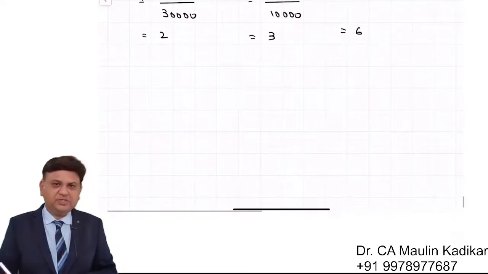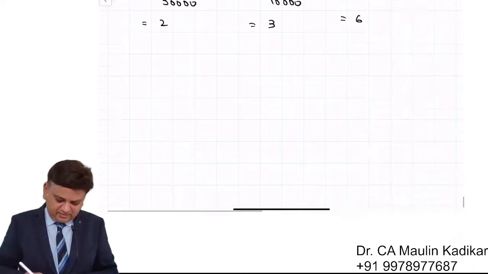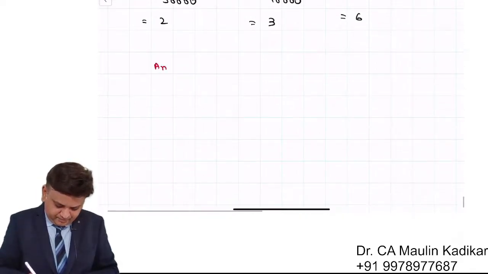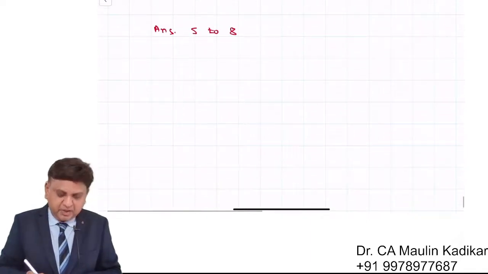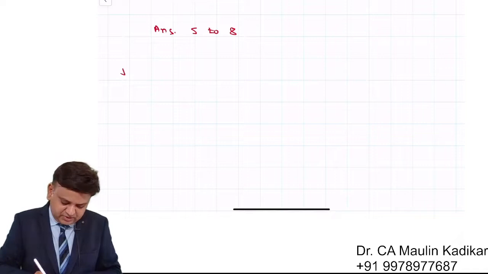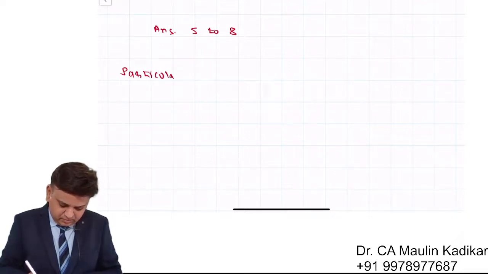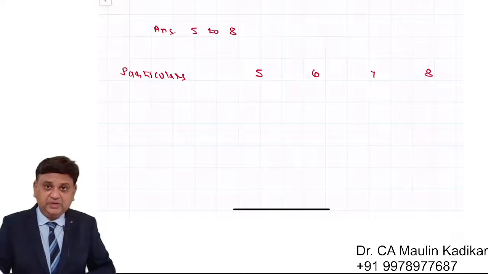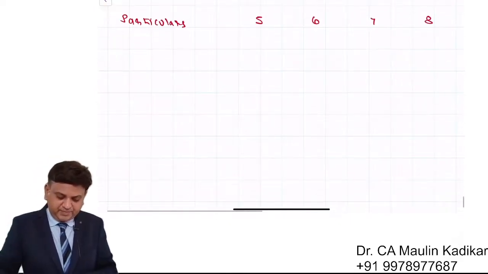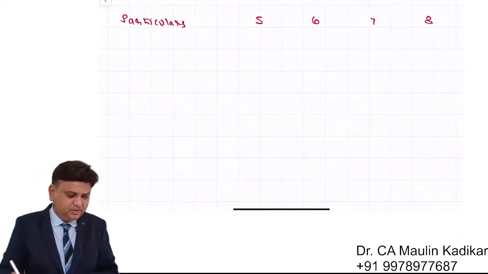For question number 5 to question number 8, I am preparing a table. Column number 1 will be particulars. Then question number 5 answer, question number 6 answer, question number 7 answer, question number 8 answer. I am starting one by one.